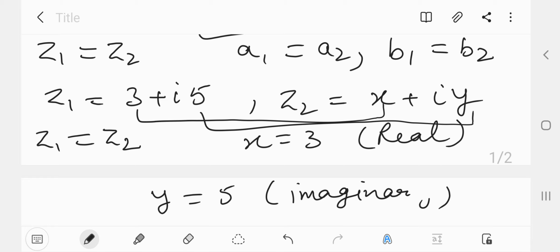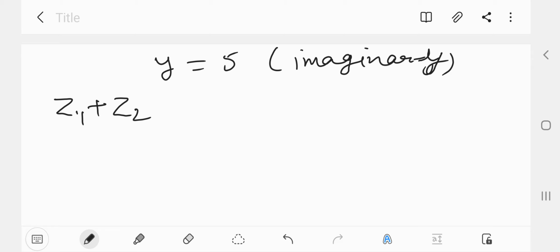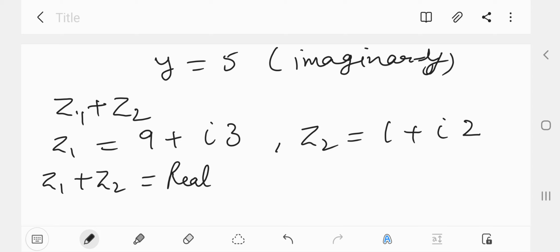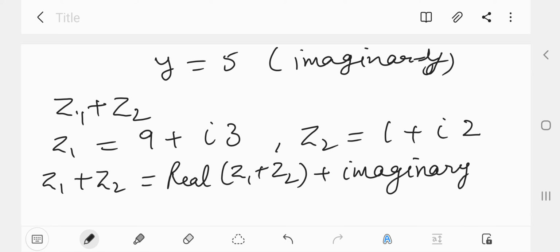Next, similarly, we add two complex numbers z1 plus z2. Then how to solve? Take an example, z1 is equal to 9 plus iota 3 and z2 is equal to 1 plus iota 2. Then we add: z1 plus z2 is equal to real part of z1 plus z2, plus iota times imaginary part of z1 plus z2.